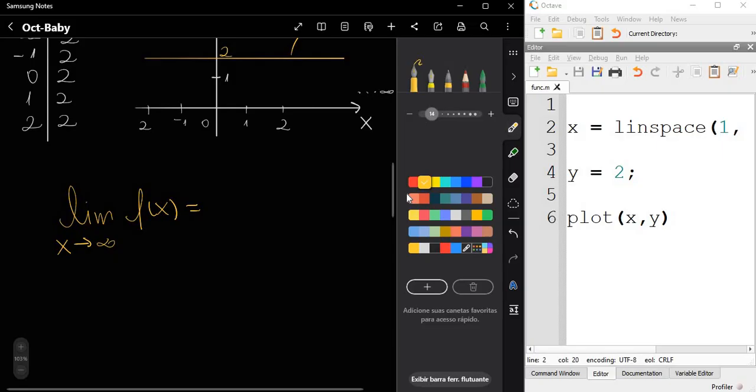So it is always equal to k, which is a constant.